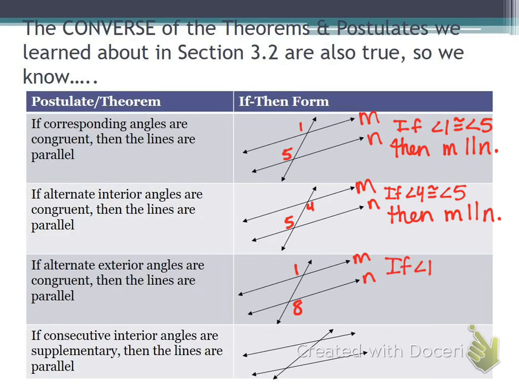So if angle 1 is congruent to angle 8, then what do I know? If the angles are congruent, then the lines are parallel. M is parallel to N again.